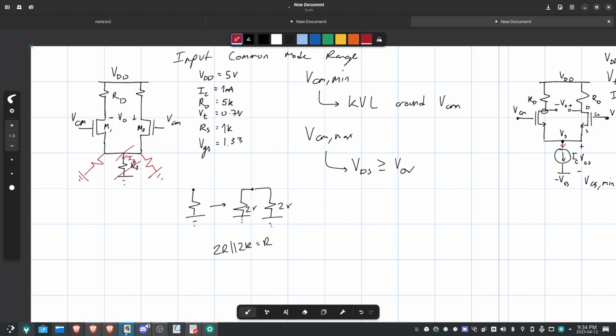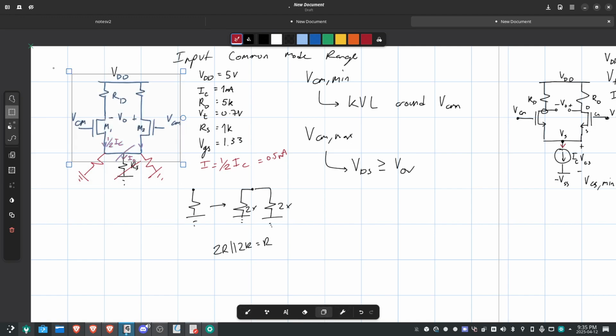And this IC here, this combined current, the circuits on the left and the right are identical, so the current running through both of these is just 1/2 of IC. Let's write that down here. I is 1/2 of IC, which is equal to 0.5 milliamps.